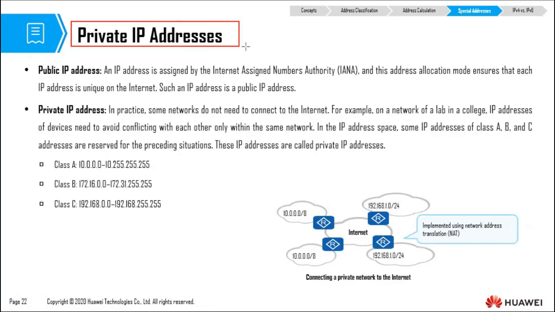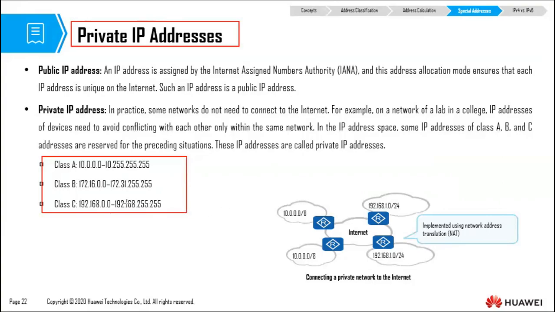Within each class, a certain range of addresses was reserved to be used as private IP addresses. They are called private because they can only be used within a private network, which means they can be reused on different private networks. Is that clear? So the same private addresses can be repeatedly used on different private networks.